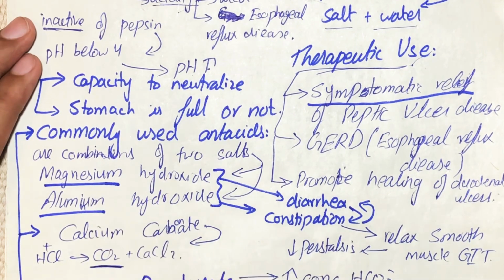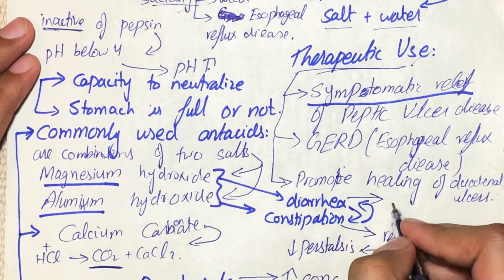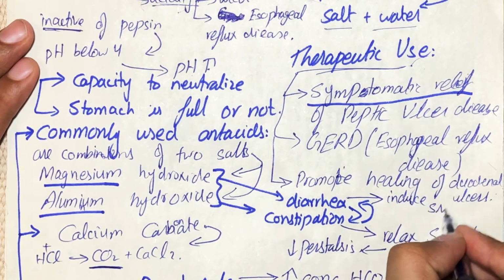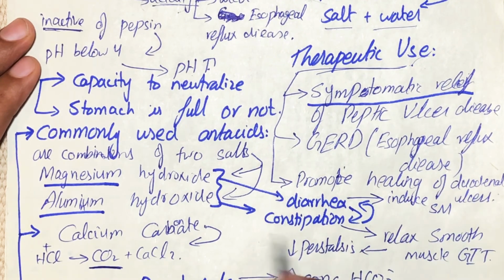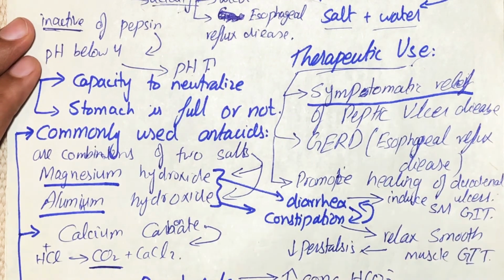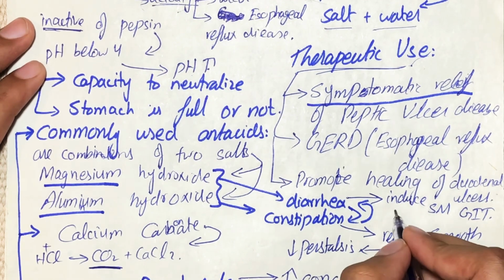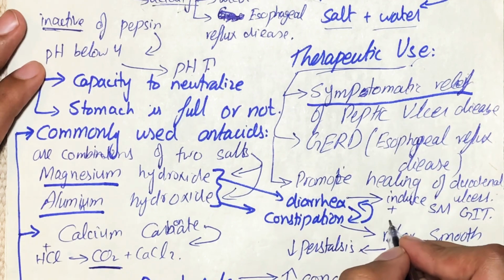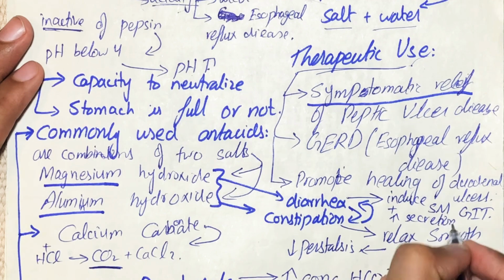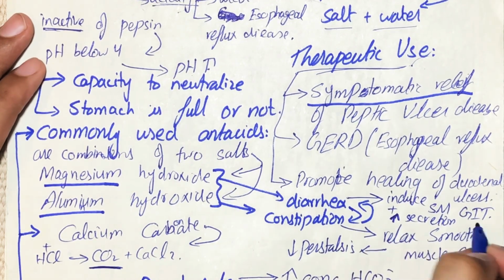Whereas why does magnesium hydroxide cause diarrhea? The reason behind this is that it induces smooth muscles, which is the opposite of aluminium hydroxide. So when there is induction of smooth muscles and there is an increase in secretion of water, which is also caused by this magnesium, what happens?